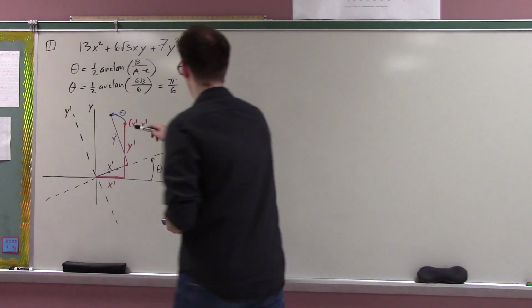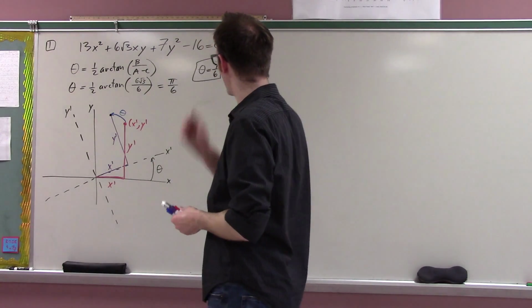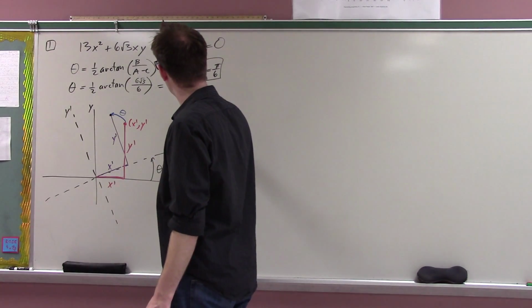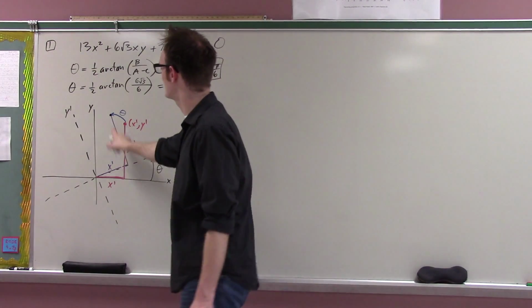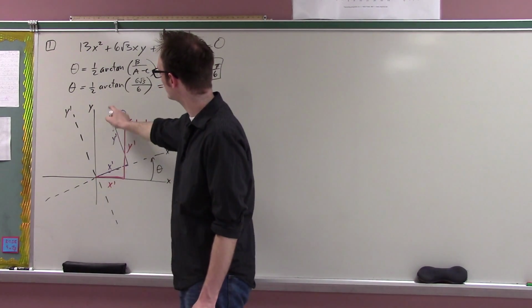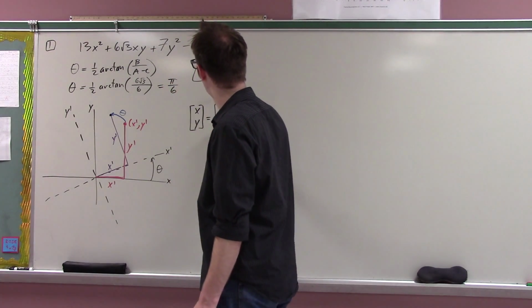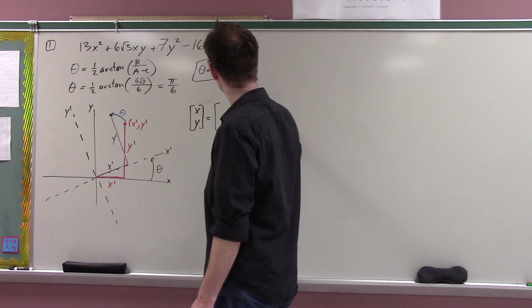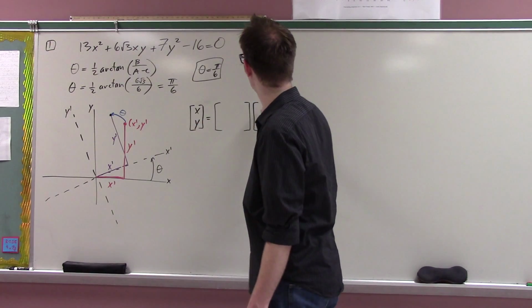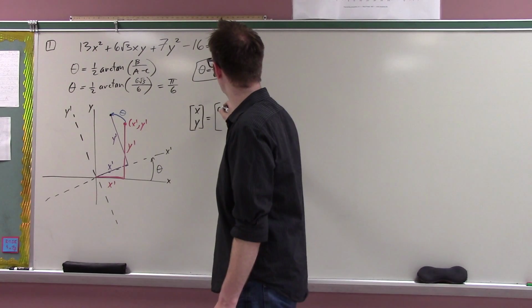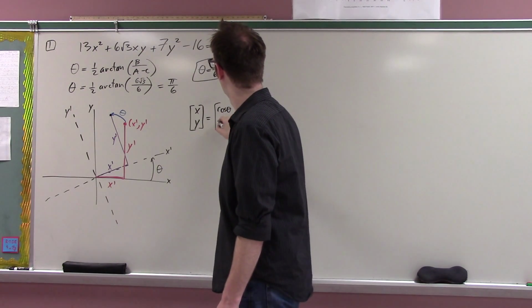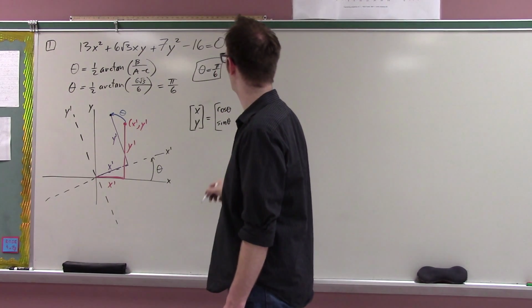In other words, this whole picture, which I really do redraw every single time, is just to remind me that the x and y coordinates of this point I'm interested in are what I get when I take the points x prime and y prime and rotate them by theta degrees counterclockwise.